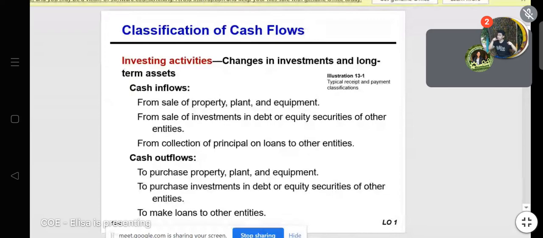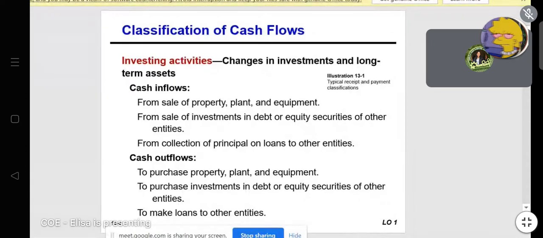Then to make loans to other entities. So pwede man magpahulam ang business to other entities. That will be considered as investing because that will somehow have a return. When you purchase investment in a security, that will give you interest, right?